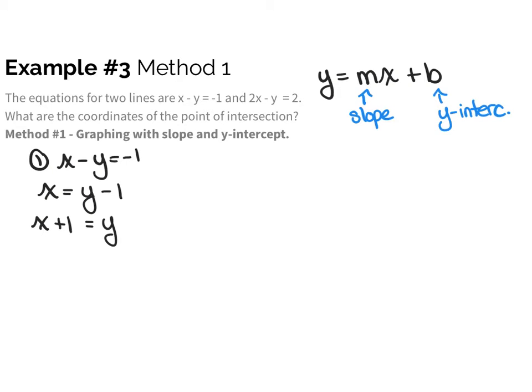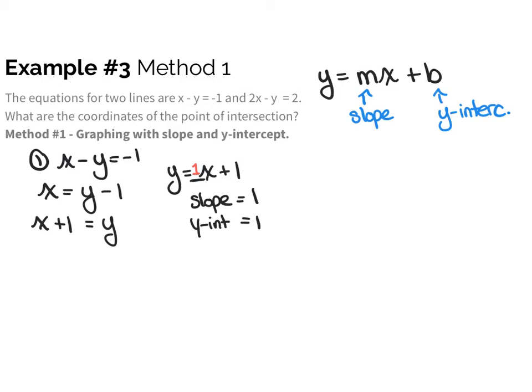And we got the equation y equals x plus 1. So our slope in this case is 1, and our y-intercept is equal to 1. Because there's not really a value here for the slope, it's kind of like I told you guys, it's kind of like a ghost. There is a 1, we just don't write it down.